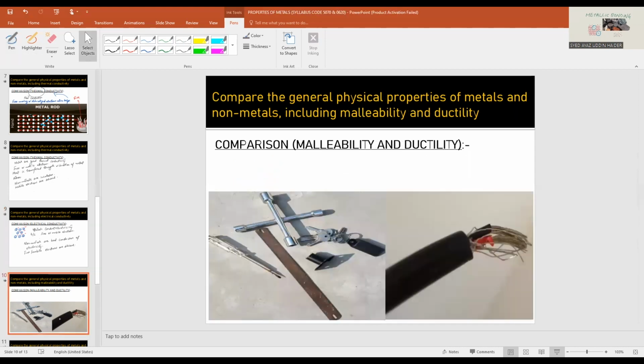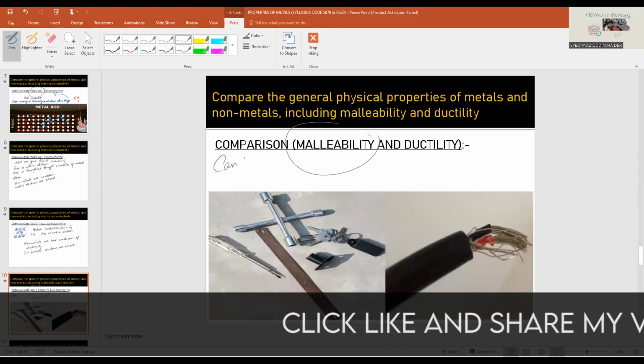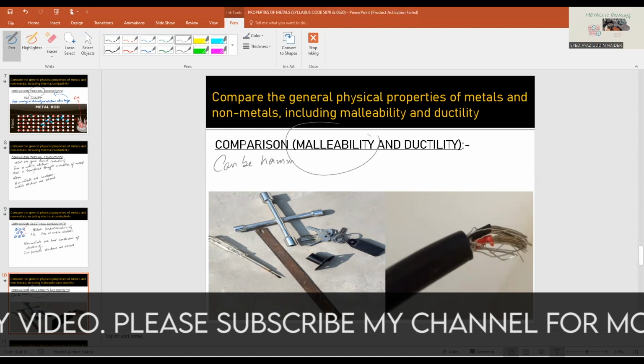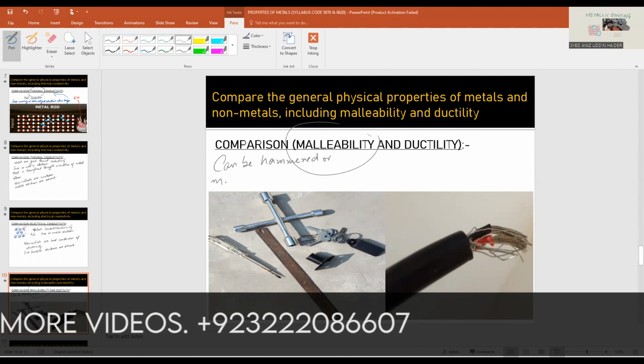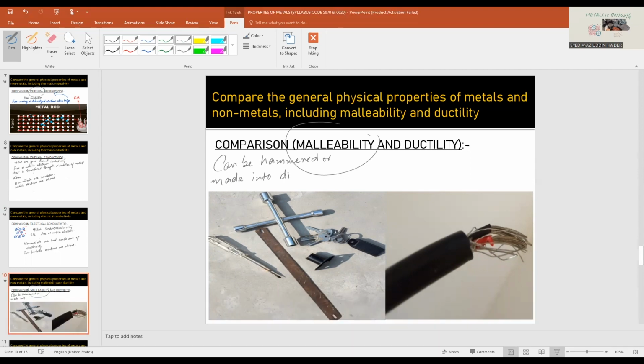Now, malleability and ductility. What do we mean by malleability and ductility? Malleable means can be hammered or made into different shapes.